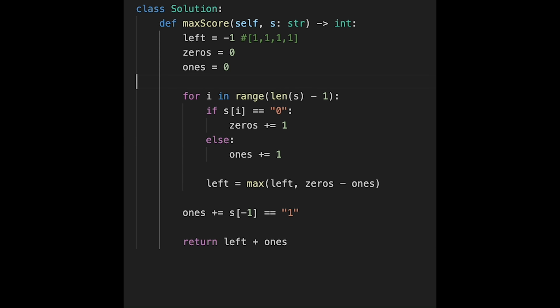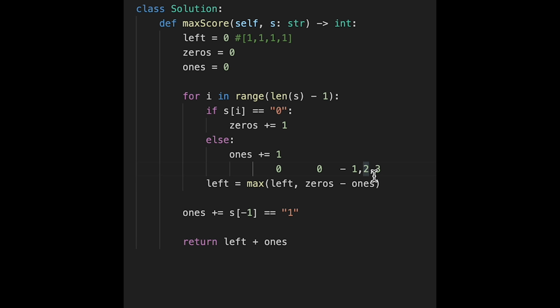Let me explain why minus 1 here. Let's think about a 1, 1, 1, 1 case. What if left starts with 0? In that case, this comparison is like left is always 0, and 0 minus 1, or 2, or 3, right? Because all values are 1.